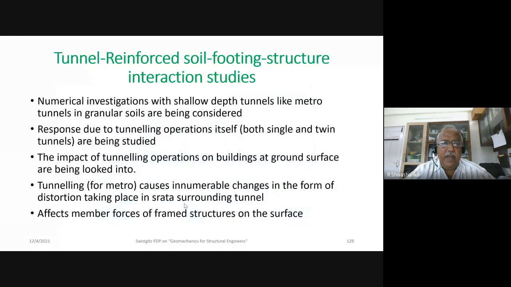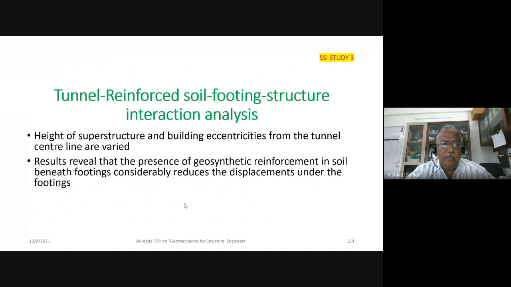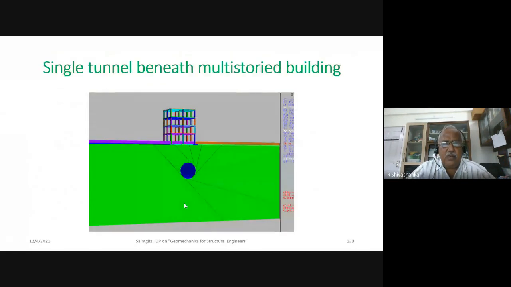The other study we made was a tunnel of reinforced soil footing structure interaction. It's like this. We considered a building, and then we considered a tunneling done, just like for metro rail. So we considered a single tunnel beneath the multi-story building, the center lines exactly coincide.